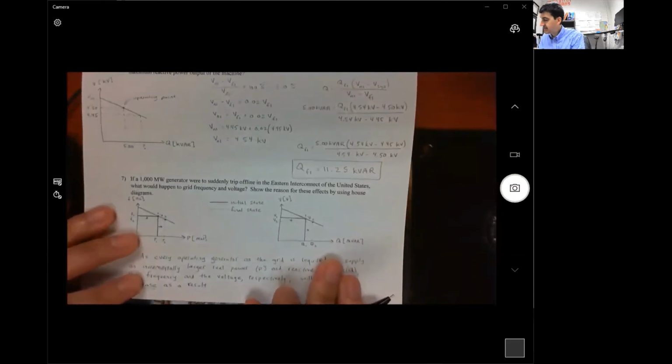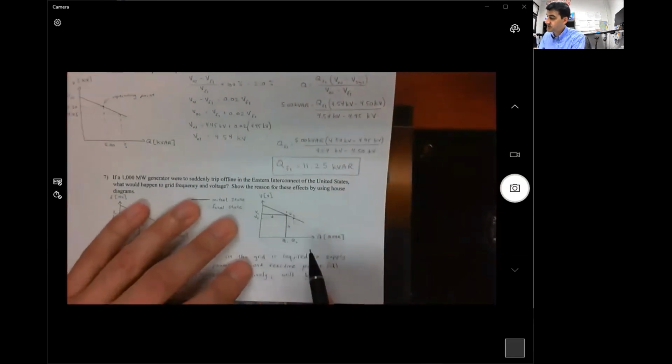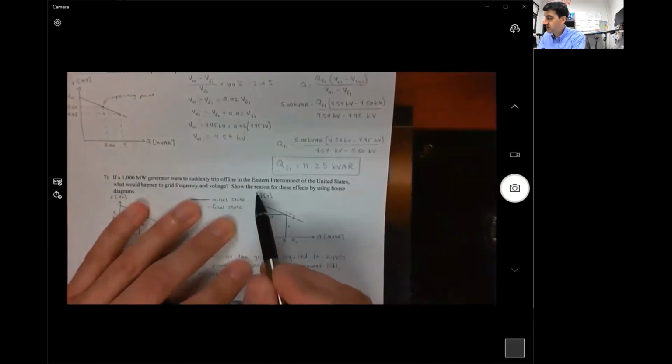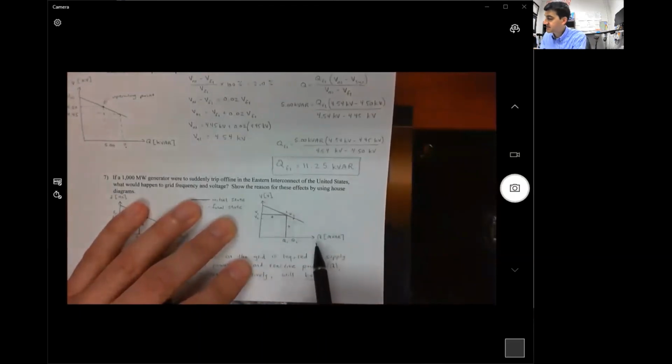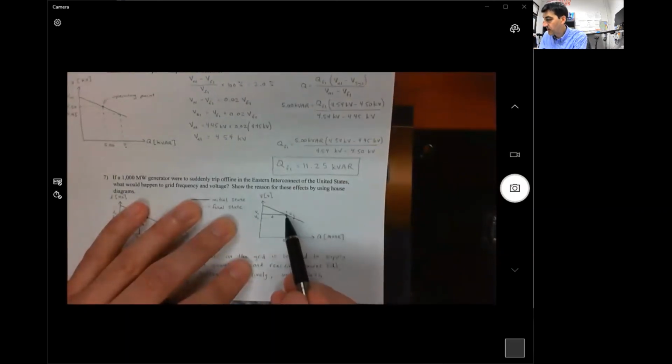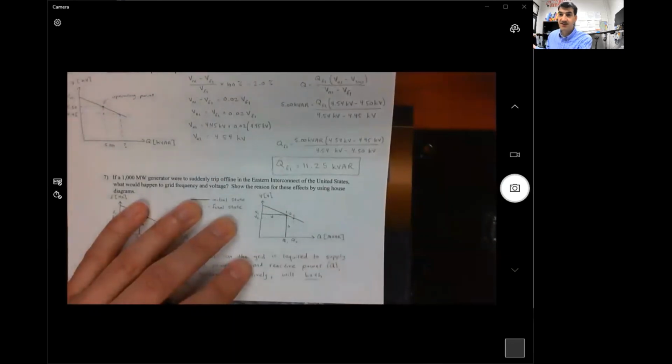All right. Similarly, on the voltage droop curve, I've got voltage on the vertical axis, reactive power on the horizontal axis. So once again, before it trips offline, I'm here at point 1 with a certain operating voltage and a certain reactive power output. Then when the generator trips offline, every other generator on the electric grid has to pick up and provide a little bit more reactive power.